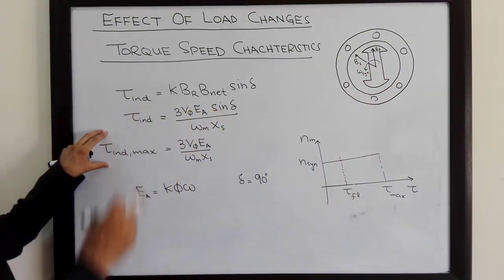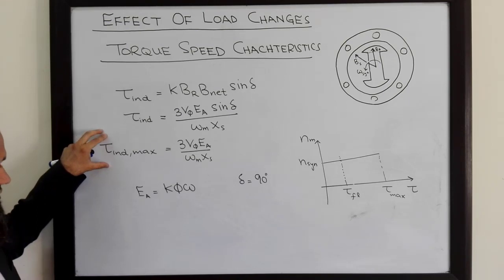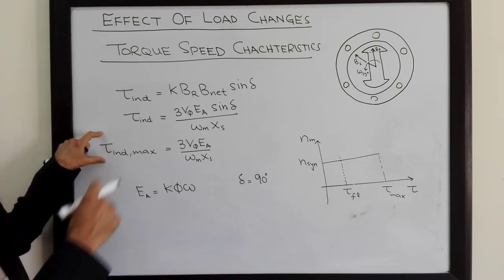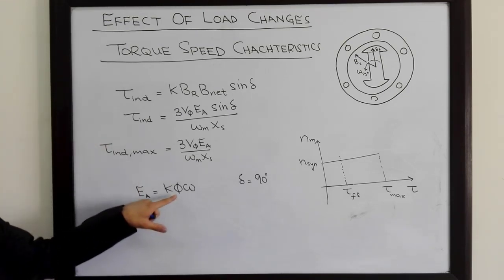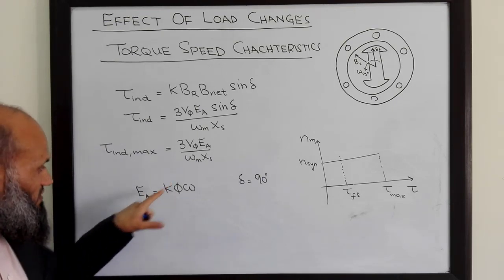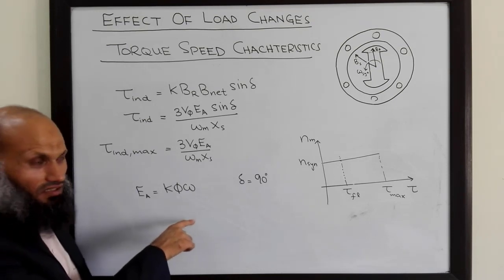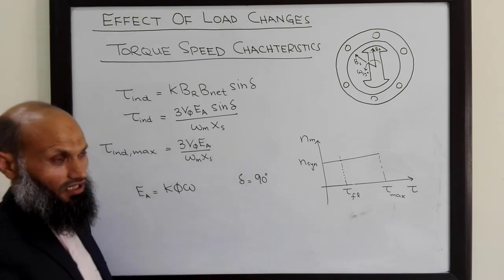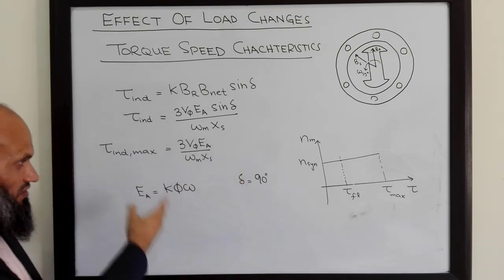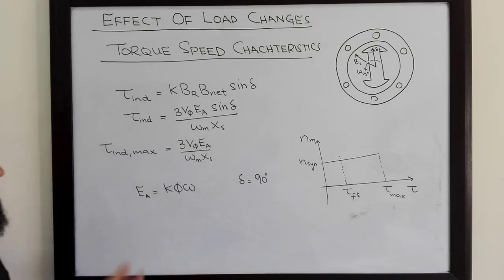Therefore, for a given motor, we can further increase the maximum torque that can be provided by the motor by increasing the field current, by increasing EA. So what will be the effects of increasing field current on the working of this synchronous motor? We shall talk about this in the next part of this lecture.